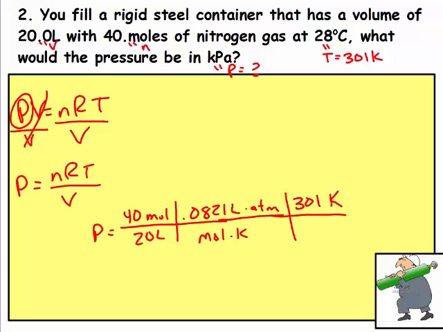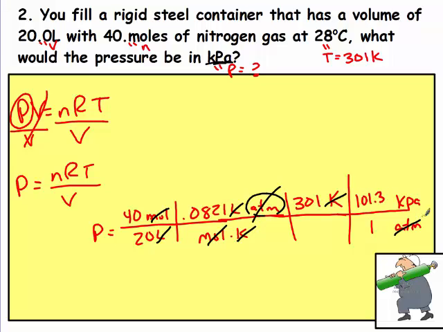Cancel my units. I'm at ATM, but the problem says, what's your pressure in kPa? So I need one more step. 1 ATM is 101.3 kPa. ATM cancel.